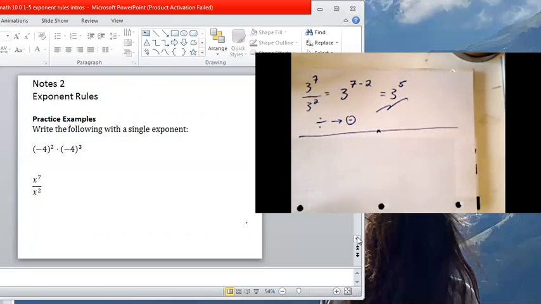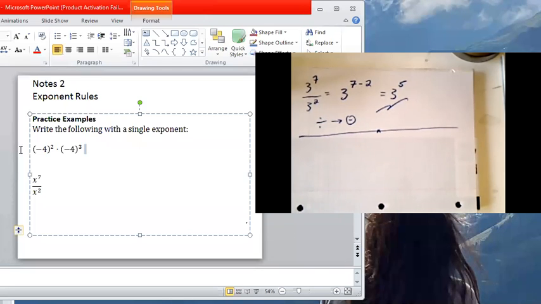Check the screen on the left. We got -4 to the power of 2, -4 to the power of 3. Are these multiplied or divided? Oh, -4, I see it now.